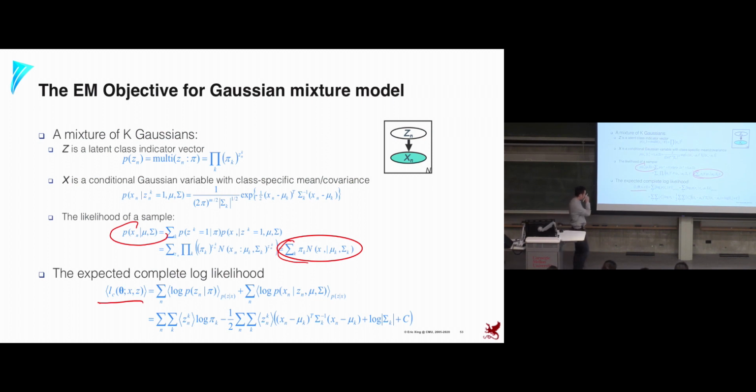In here, we take expectation of the complete likelihood X and Z, pretending that X and Z are all observed. But because Z is unobserved, we are going to take an expectation with respect to Z, because Z is a hidden random variable.